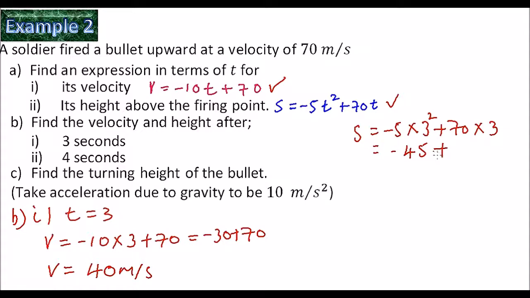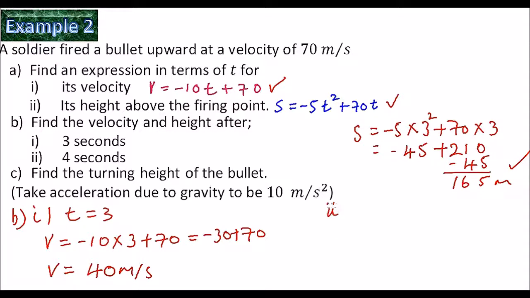Then plus, now 70 multiplied by 3 is 210, and when you subtract 45 from 210, you get 165 meters. So that is the height after 3 seconds.